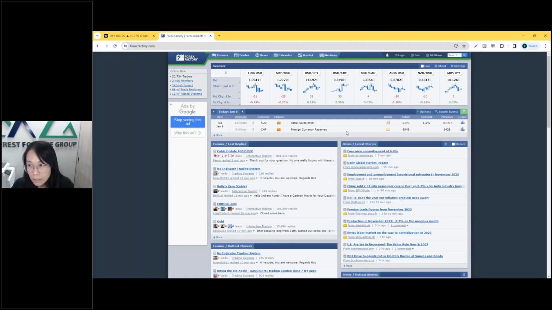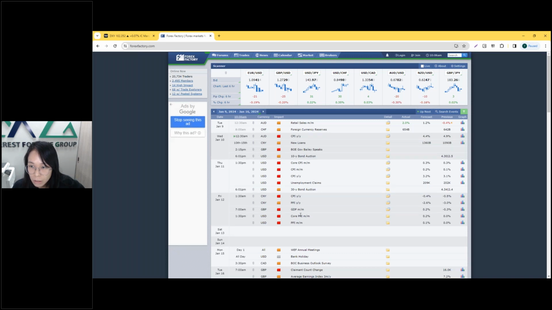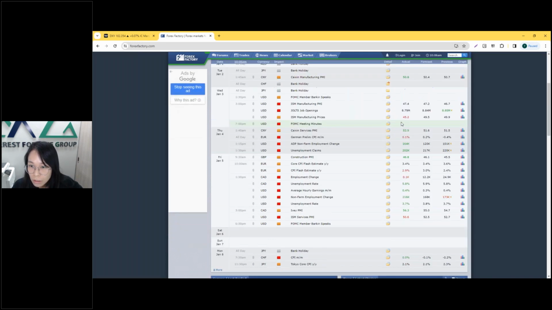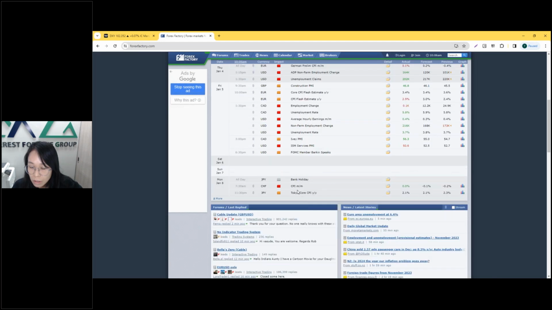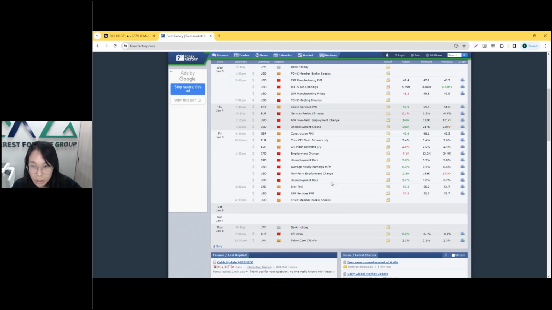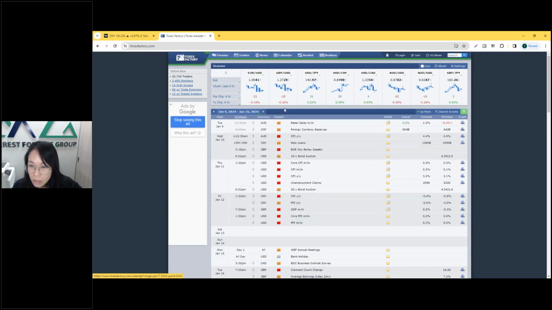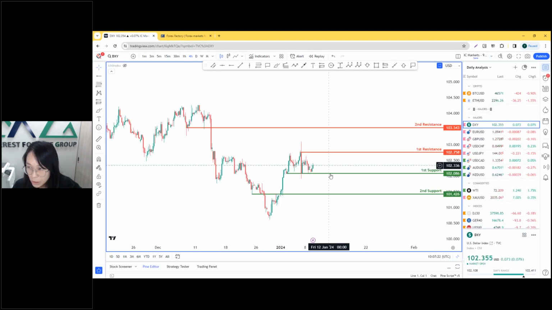Today is the 9th, and there's no news that is actually impacting the dollar. Also, was there any major news yesterday? The dollar index is slightly doing better.